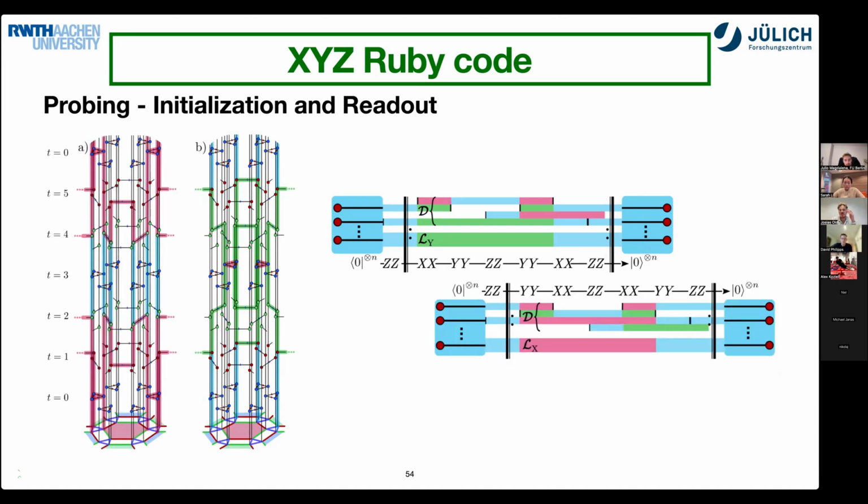The same works with physical zero states for the other logical, which is maybe not super surprising, but interesting, because typically to initialize the other logical, you would start with physical plus states instead of physical zero states. But because the logicals change colors, this allows us to also start in physical zeros and initialize the other logical sector.